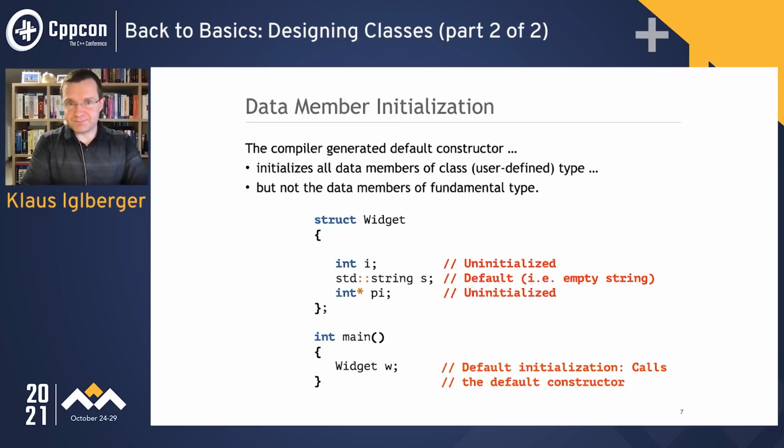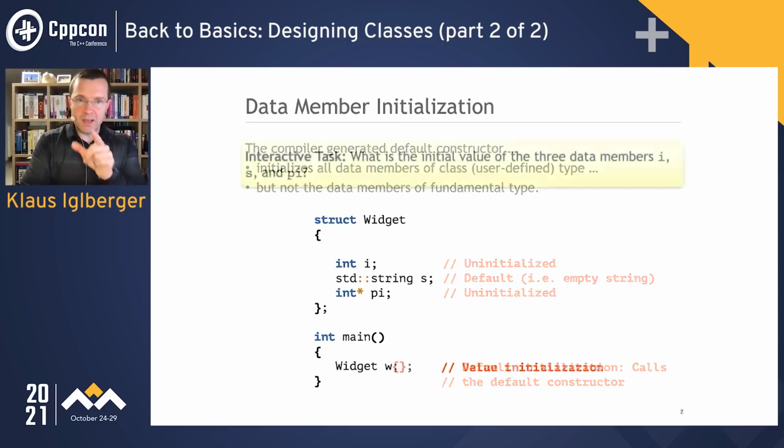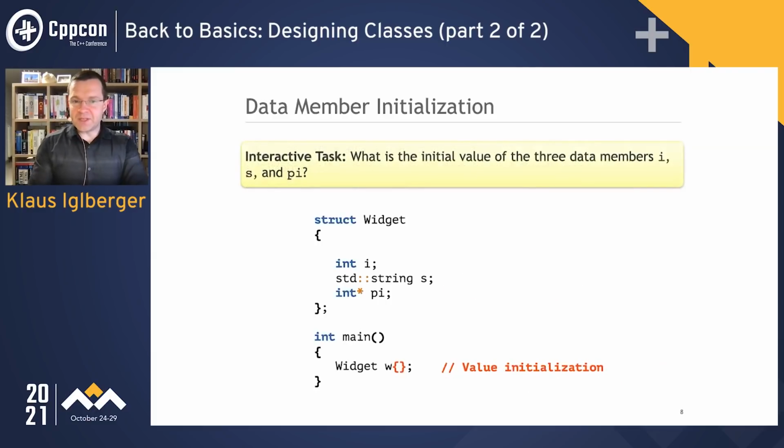It just doesn't. So here's what we do. We use an empty set of braces at this point. We don't use default initialization, but something that we call value initialization. That's, by the way, something old. The syntax is new, but value initialization came in C++03.